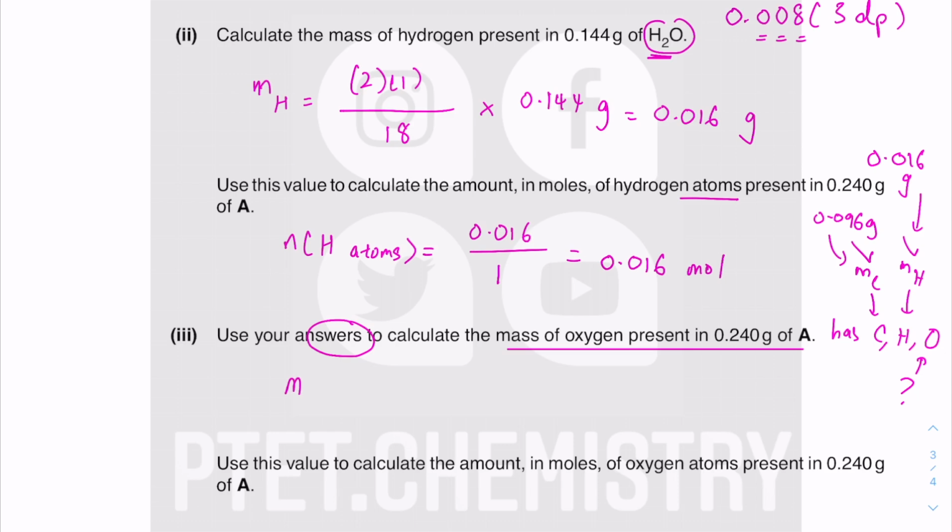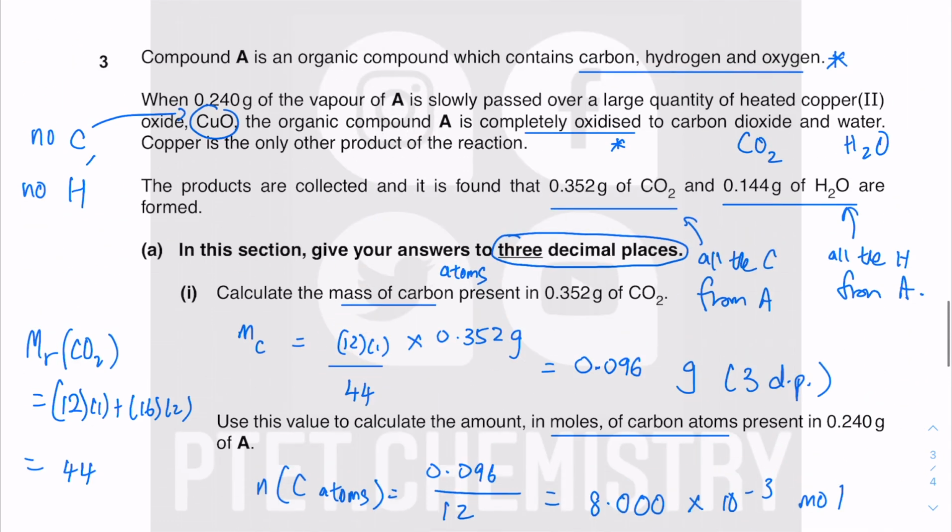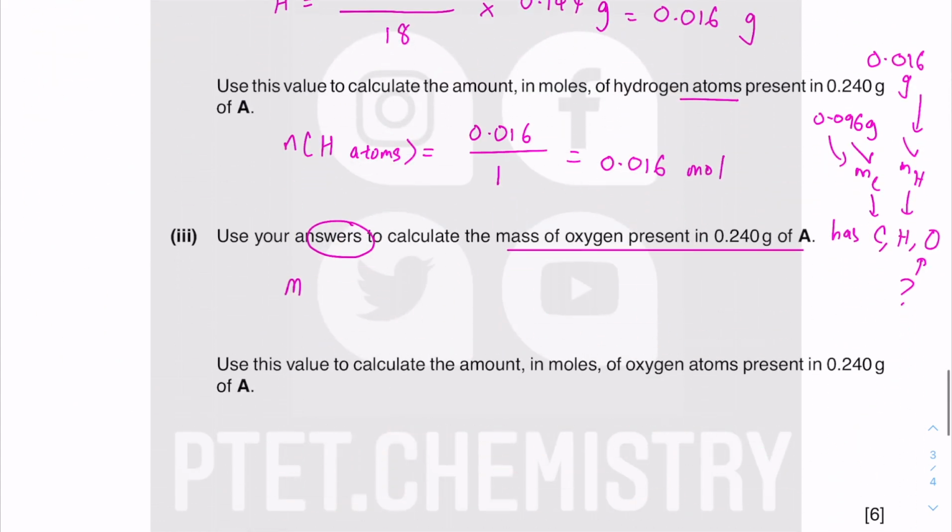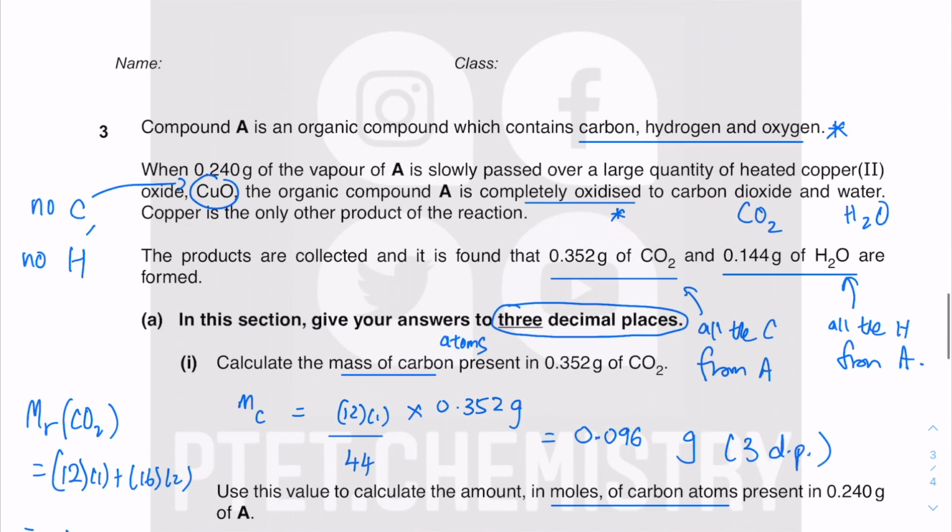So I hope you can see that if your A consists of carbon, hydrogen, and oxygen only, you have 0.240 gram of A. So the mass of oxygen atoms is going to be the total mass, which is that 0.240 gram of A, which contains all these 3.